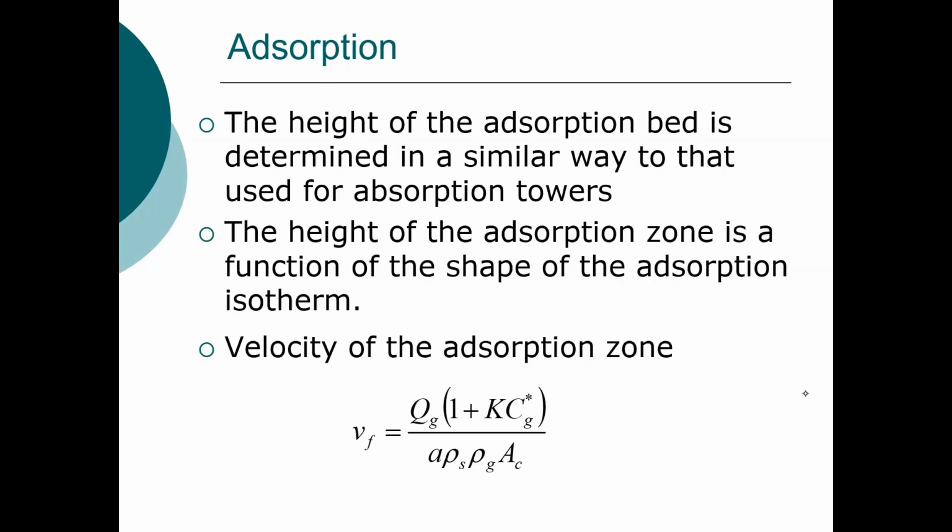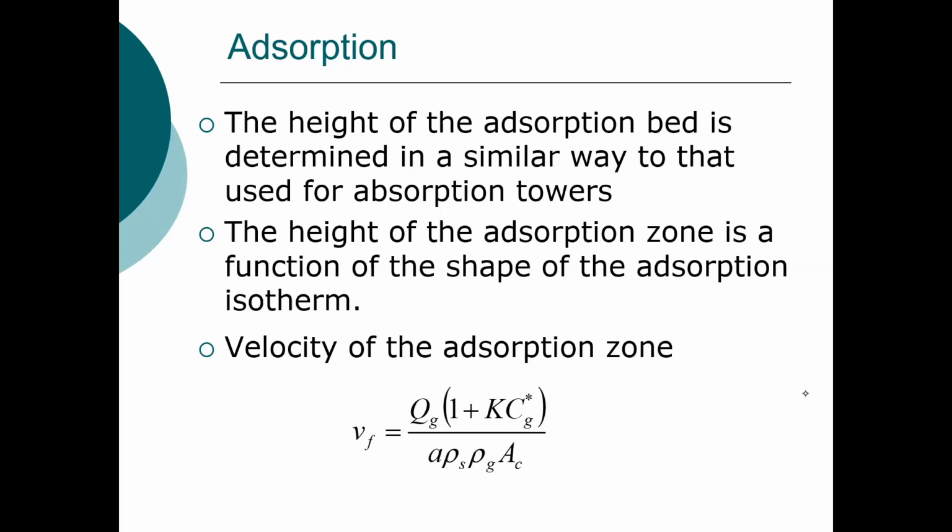The height of the adsorption zone is determined a similar way to that used for absorption towers. So when we talk about absorption, you'll see we'll use a lot of the same terminology. We'll use HTU, we'll use NTU. NTU is the number of theoretical units, and that measures the difficulty of separation. So the greater the number of NTUs, the more difficult it is to separate and remove that chemical.